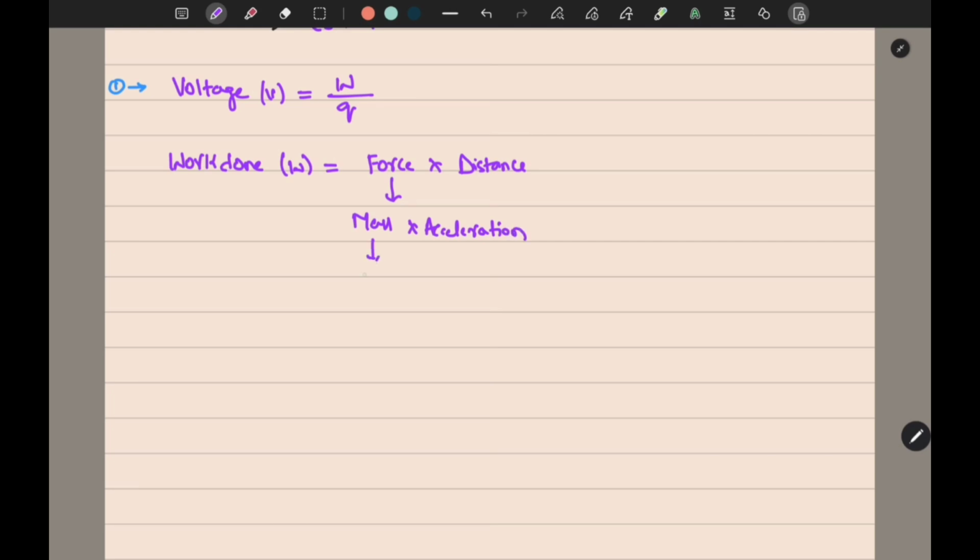So for mass the dimensional formula is M, and acceleration means displacement per unit time square. So displacement dimensional formula is length, that is L, and time dimensional formula is T, T whole square.